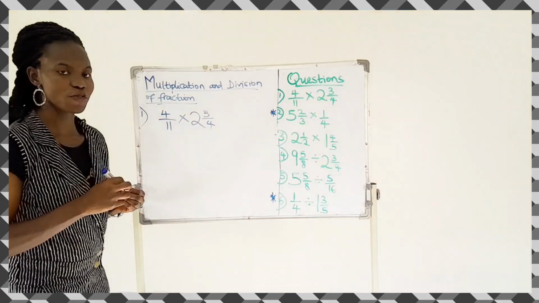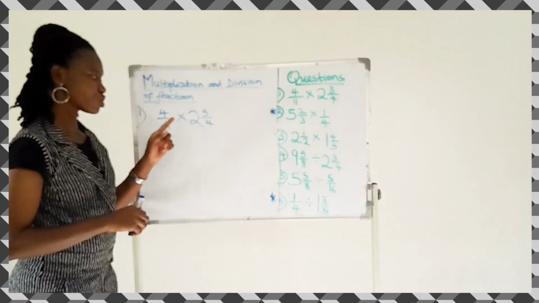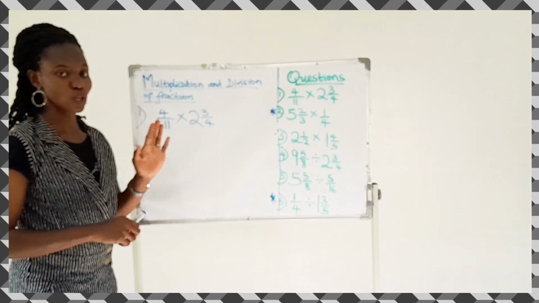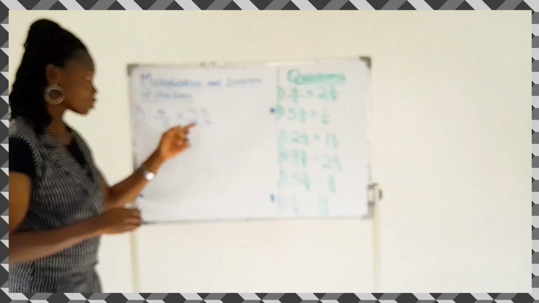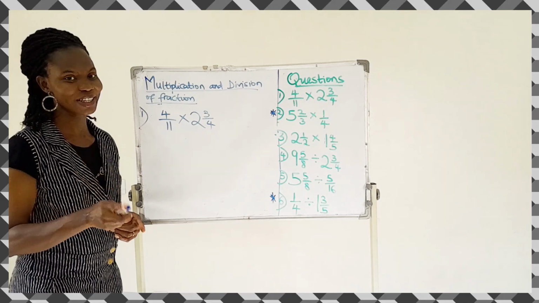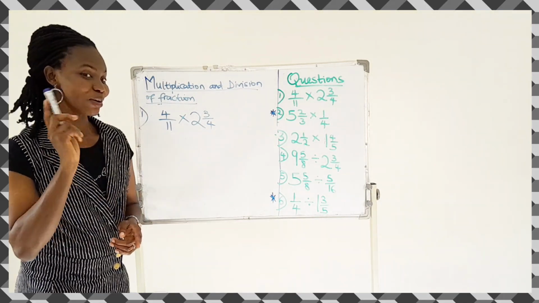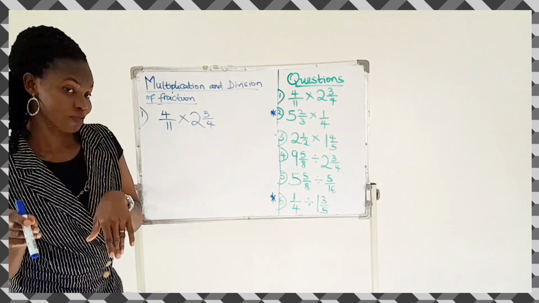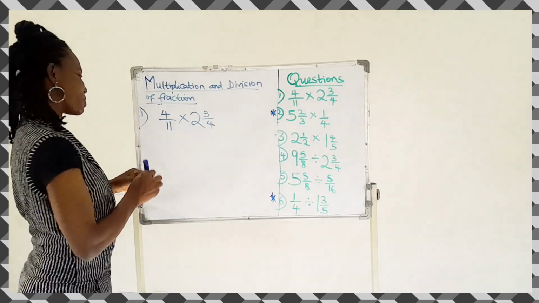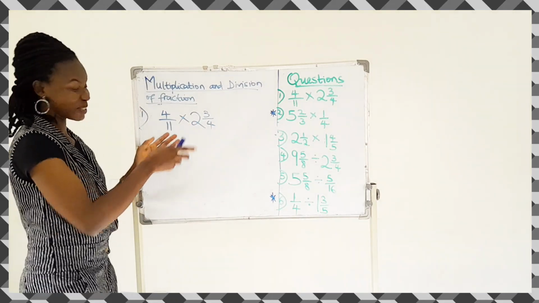In multiplication of fractions, we always change mixed fractions to improper fractions. That's why I said you need to watch the video on changing improper fraction to mixed fraction and mixed fraction to improper fraction, so that you understand what we're going to do.